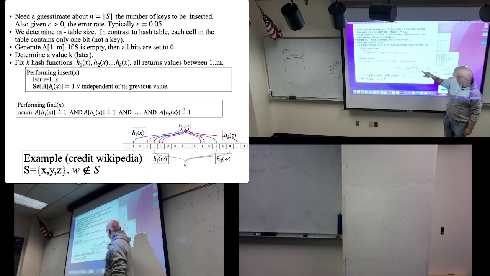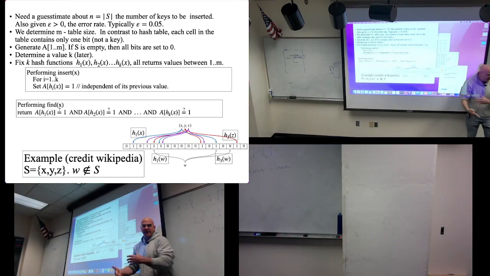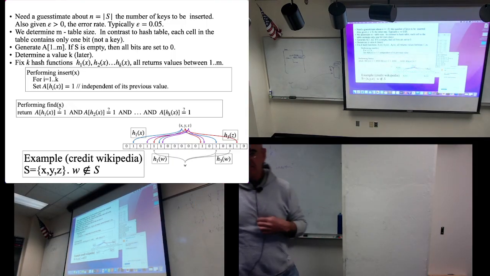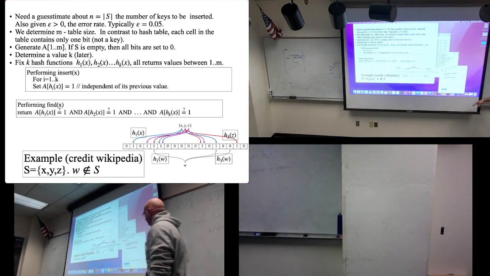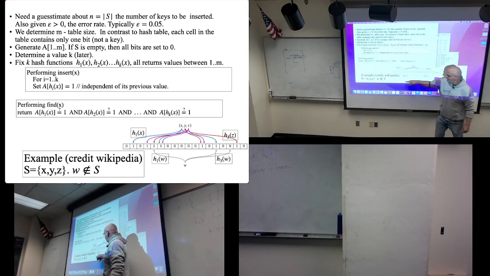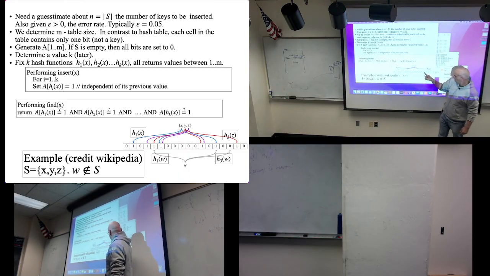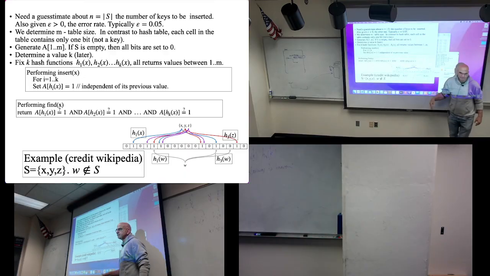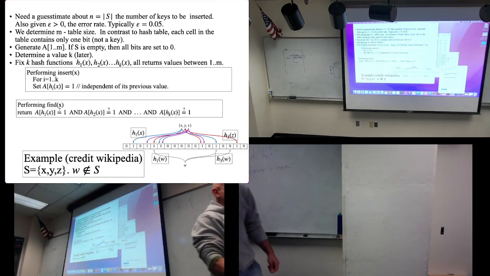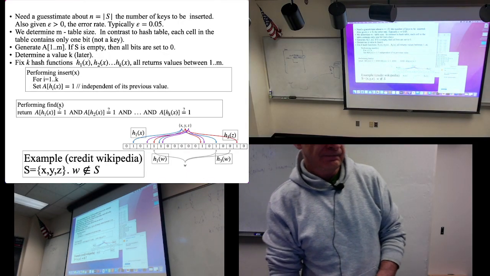And I'll make sure that the blue edges turn to 1 because X is a word in my database. W is not a word in my database. How can I validate it? W is not in my database because I'll compute the 3 hash values for W, check the corresponding bits, and one of them is 0. So W is not there, otherwise all these bits would be 1.